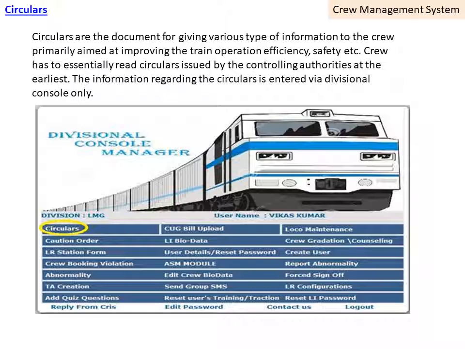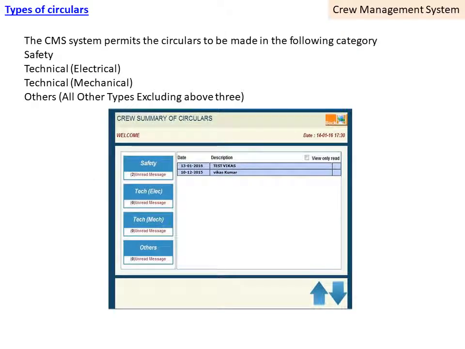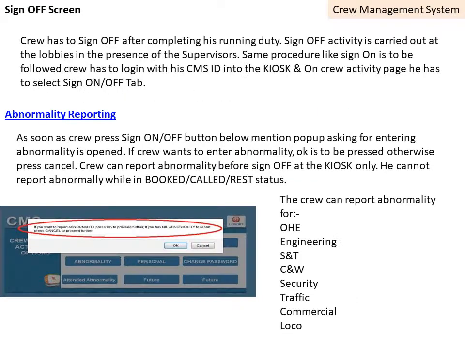Here we can add and delete users, and users can be added and deleted only by using the division console. The circulars, safety circulars, technical SOBs, diesel SOBs and others, everything is compulsory. We have to read all the circulars, and only then are we eligible for signing on.